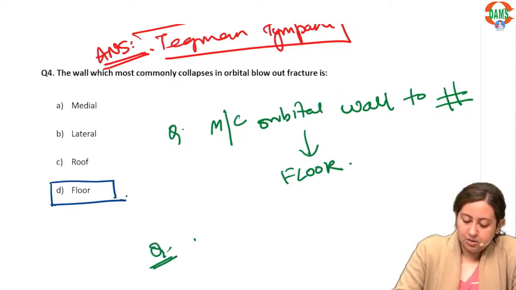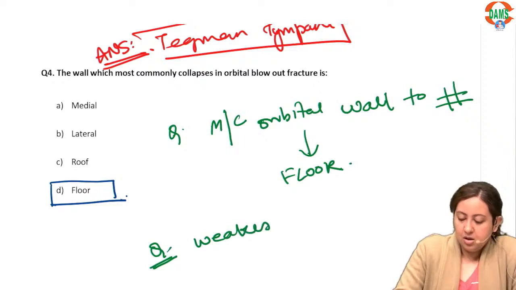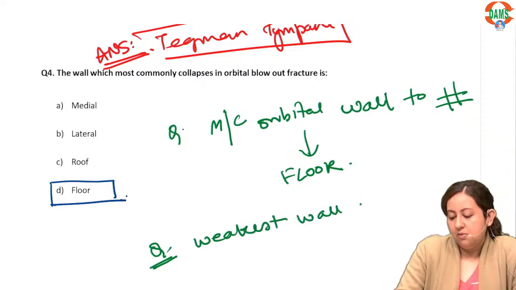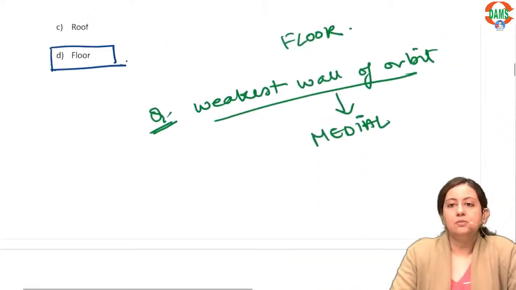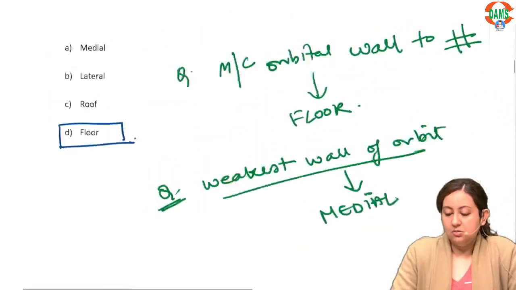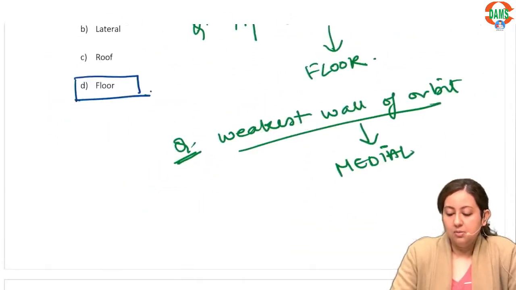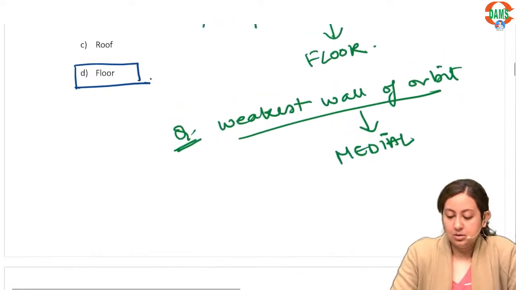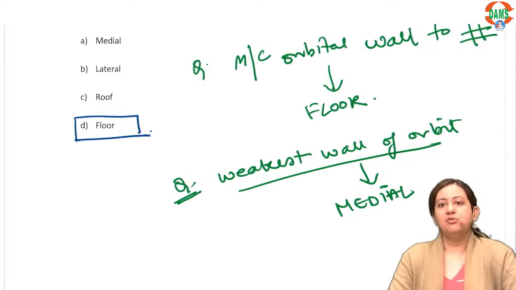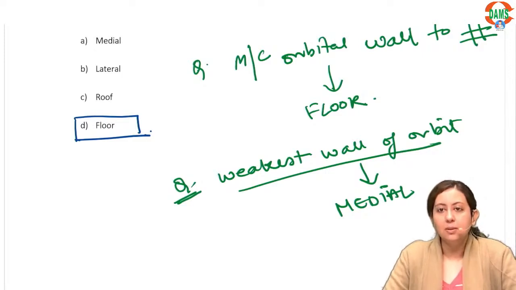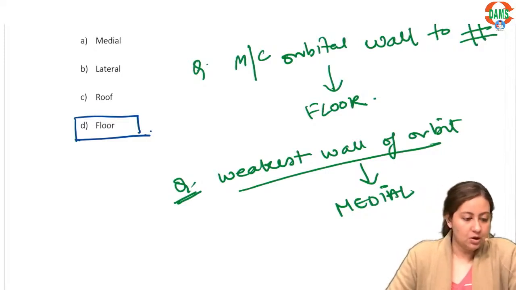And another question might be the weakest wall of the orbit. The answer here is medial. Again, please do not confuse. The most common orbital wall to fracture is the floor, and the weakest wall of the orbit is the medial wall. All right.